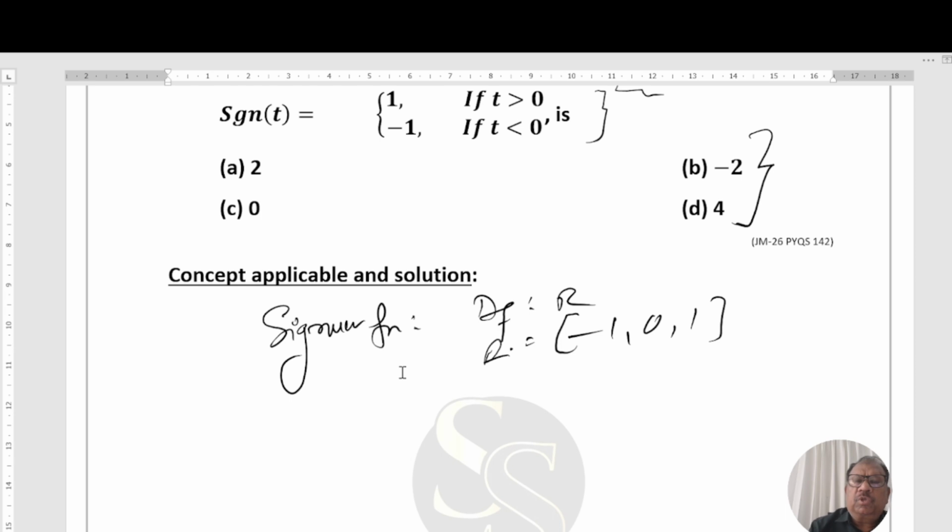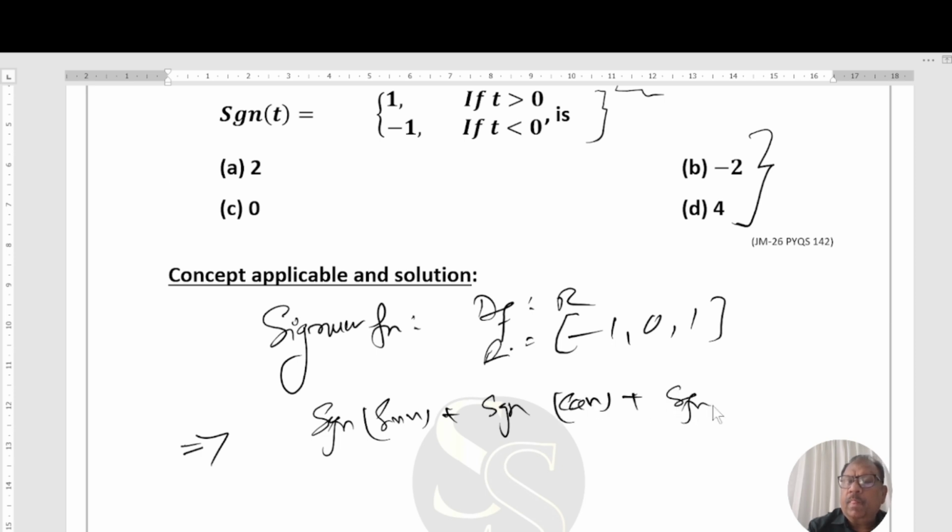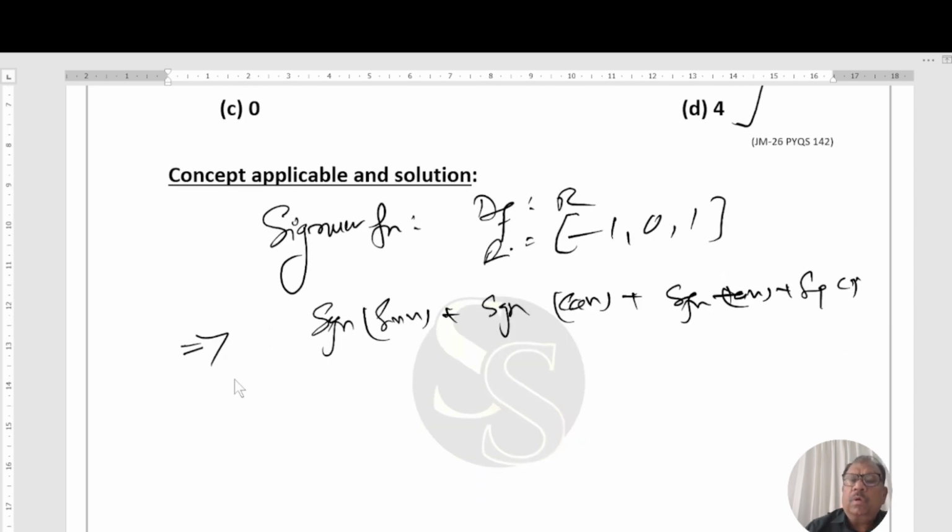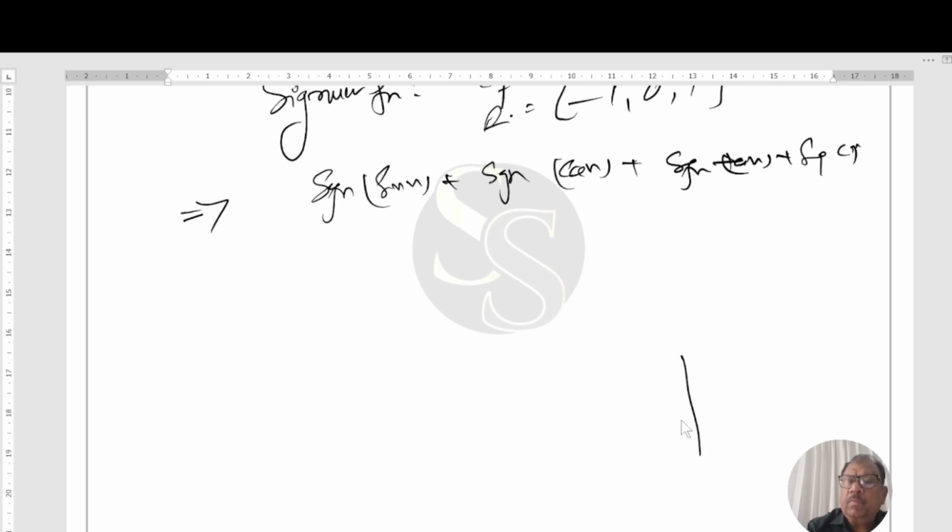Now, in the given question, it is the sum of four functions: signum sin x plus signum cos x plus signum tan x plus signum cot x. Now, before we start, quadrant 1, quadrant 2, quadrant 3, quadrant 4.